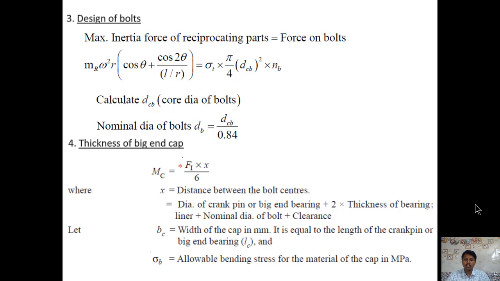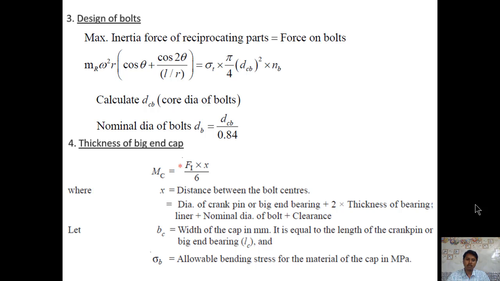Now, the load acting on the bolt through the cap is a tension force. Hence, we have to equate the tensile load to the inertial force of the reciprocating parts. The tensile load on the bolt is sigma T into pi by 4 dCb square into NB.